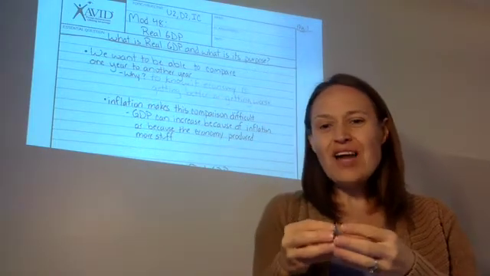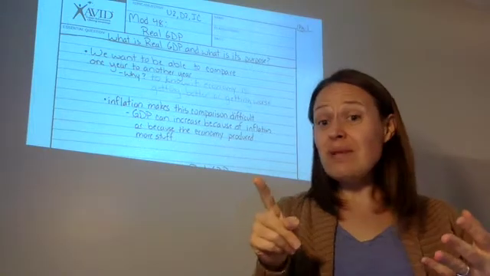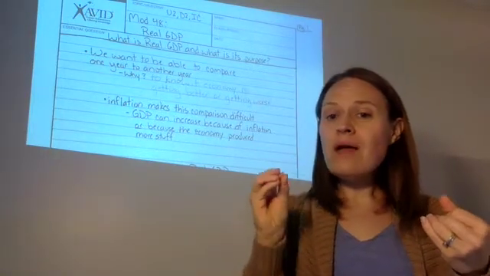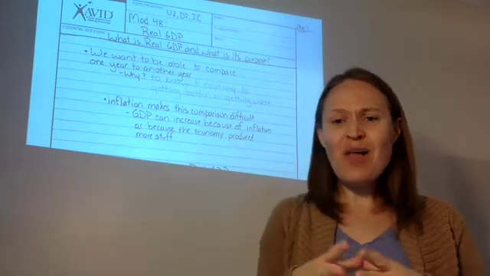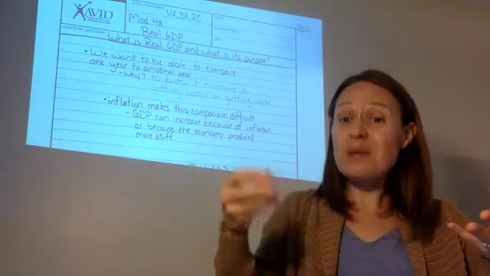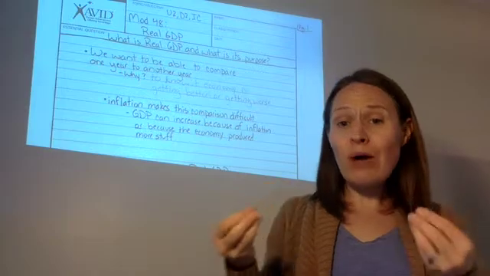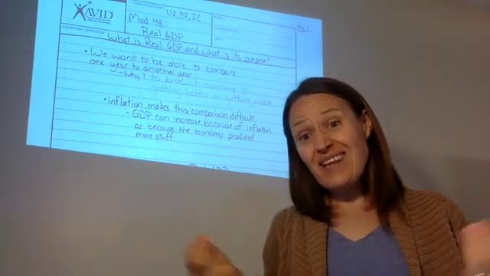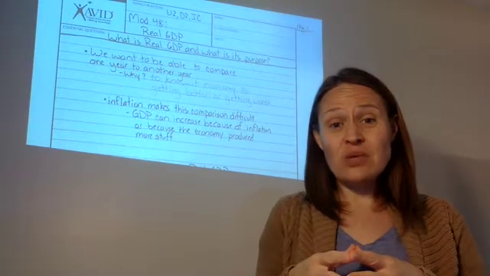Because remember, when the economy is getting bigger, it usually means that more people have jobs, which is a good thing. And when the economy is getting smaller, that usually means that unemployment is rising, which means that fewer people have jobs, which is a bad thing. And so they want to know about that to see if there is anything that the government can do or should do to help out that situation.